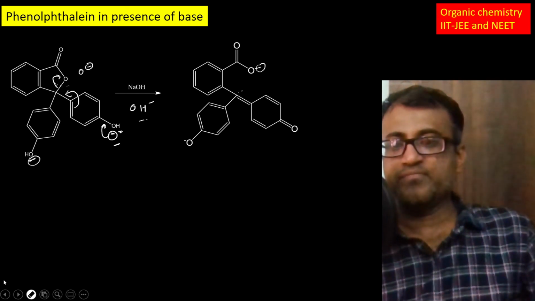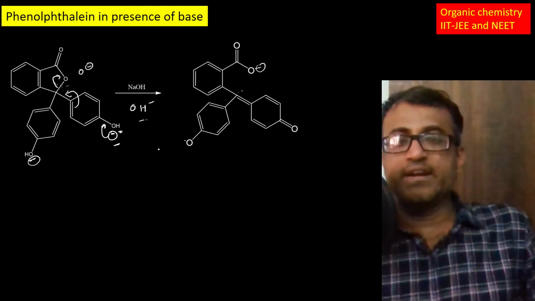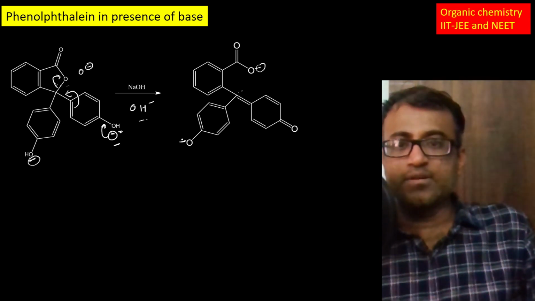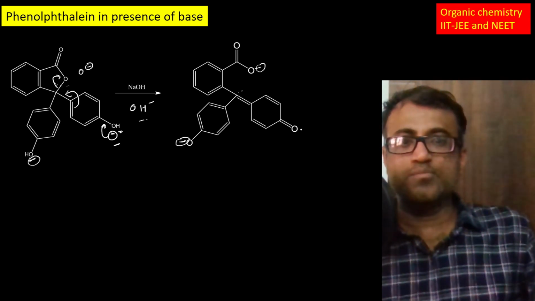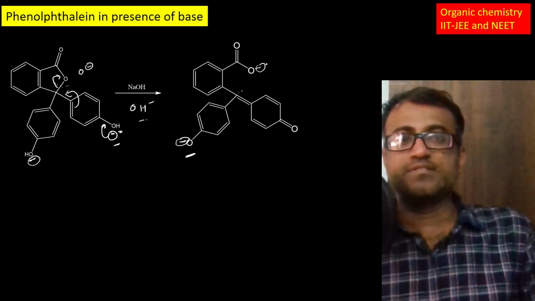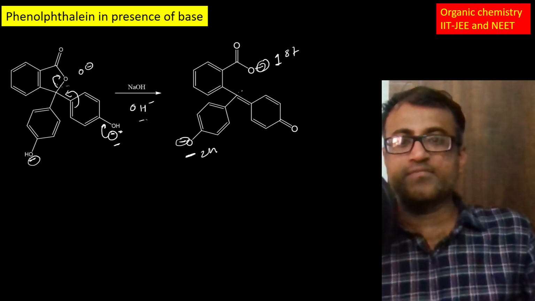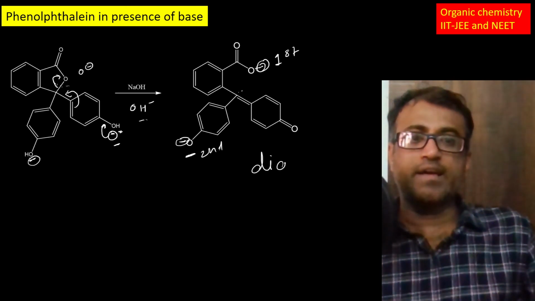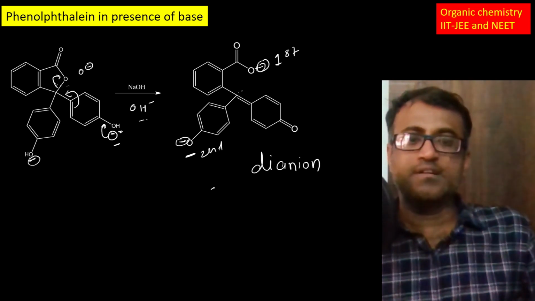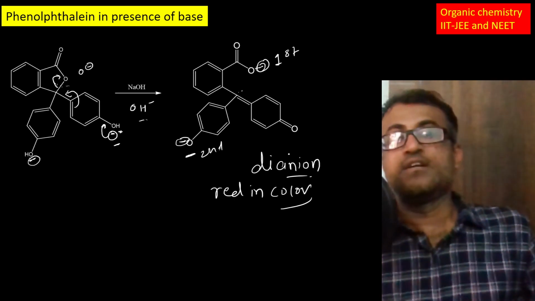Okay friends, I hope the reaction mechanism is clear to everyone, and negative charge is present on these two positions. This is the first and this is the second. So this is the dianion and it is red in color.